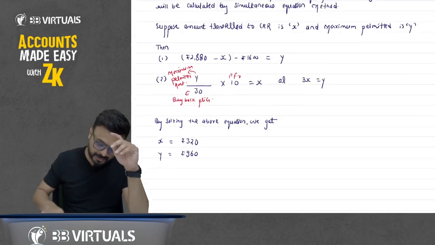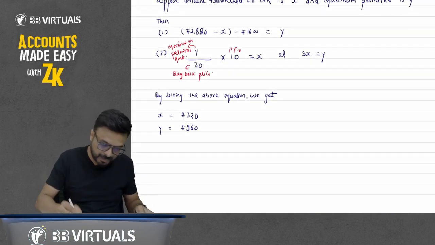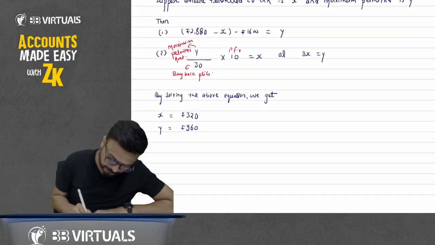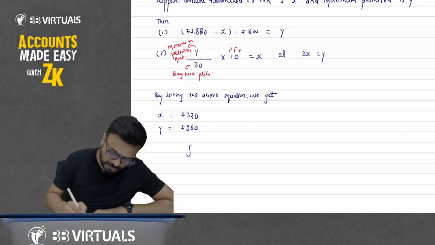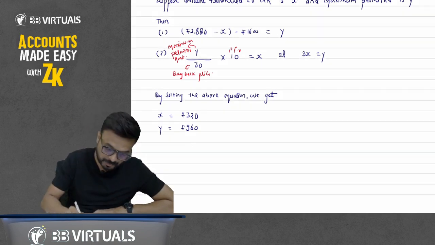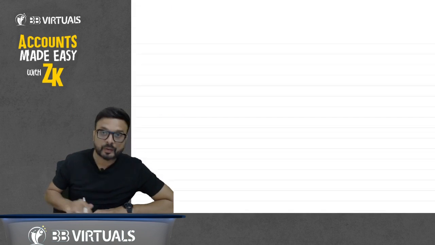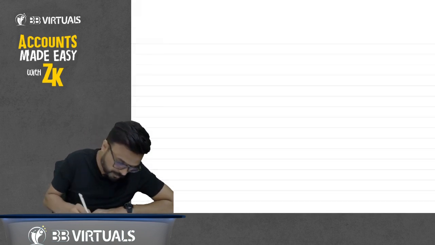Now we have to pass the journal entry. Very simple now. So give the heading: Journal entries. I'm writing on the next page.